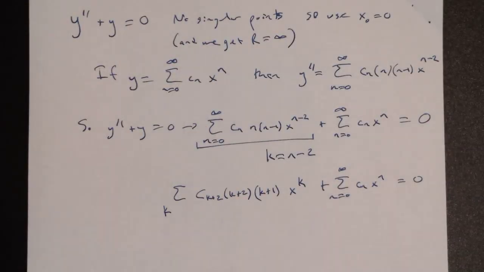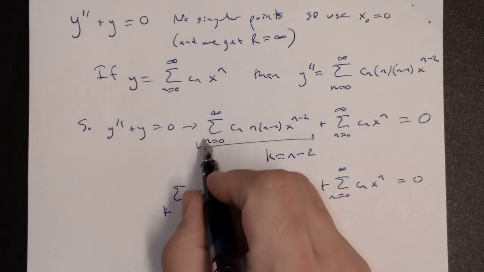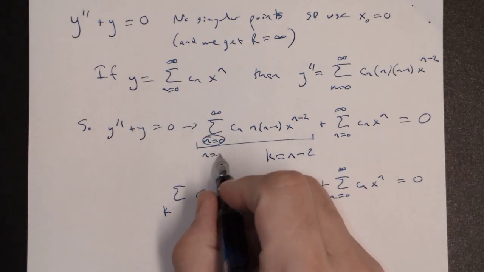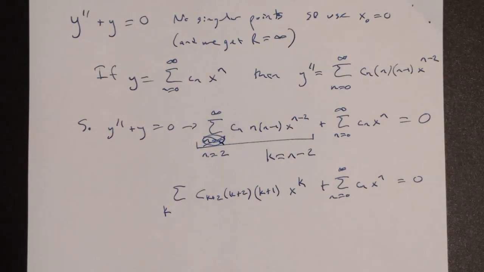I used y double prime here. I shouldn't have started at 0. I should have started at 2. Hey, wait a minute. If n starts at 2, where's k start?